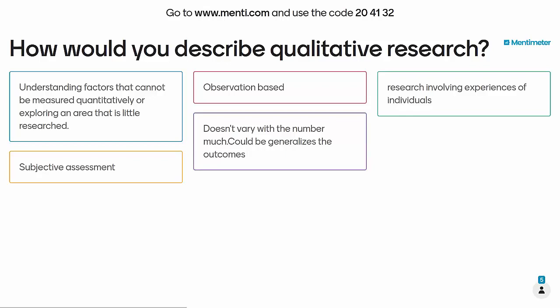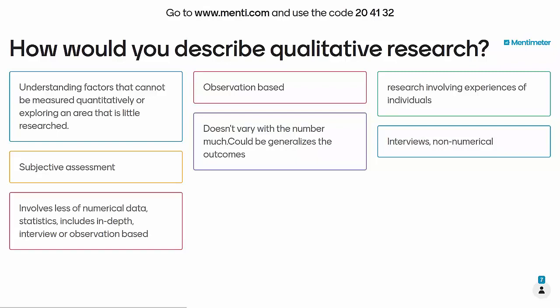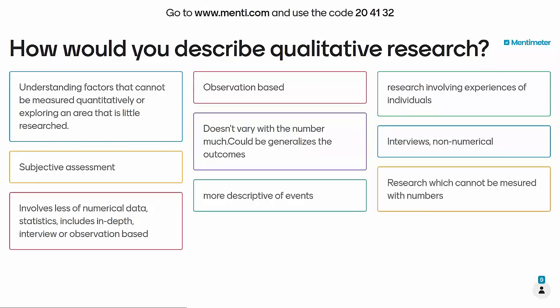Ooh, someone says subjective assessment, okay. Research involving experience of individuals, interviews, non-numerical, doesn't vary with the number much, okay. Description of events, research which cannot be measured in numbers, okay.